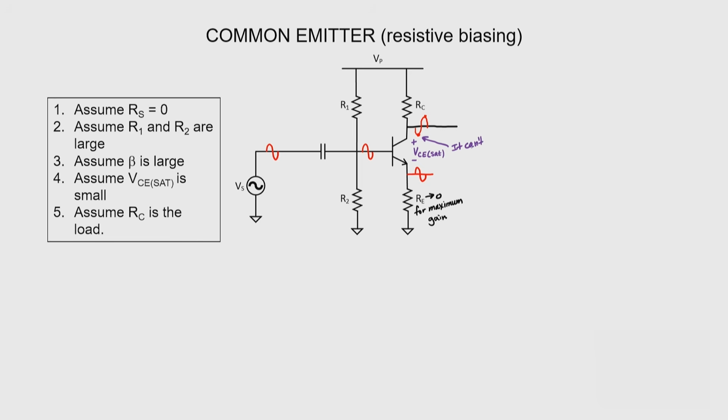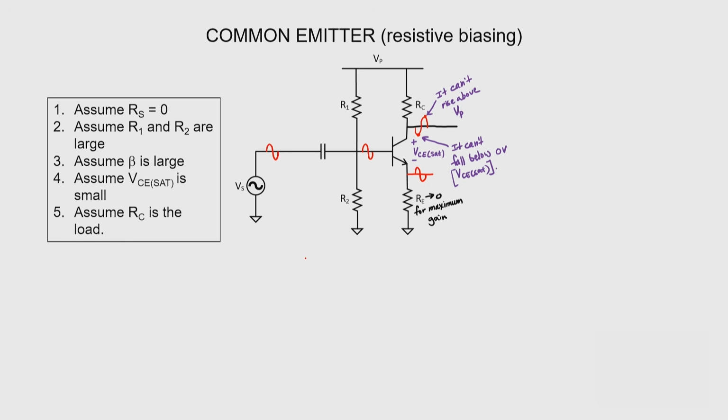If I assume that VCE sat is small, I can effectively say it can't fall below 0 volts. How high can it go? Well, it's not going to be able to rise above the power supply voltage. Otherwise, current would have to go the wrong direction through the transistor.